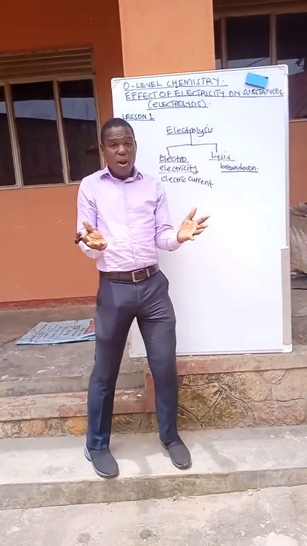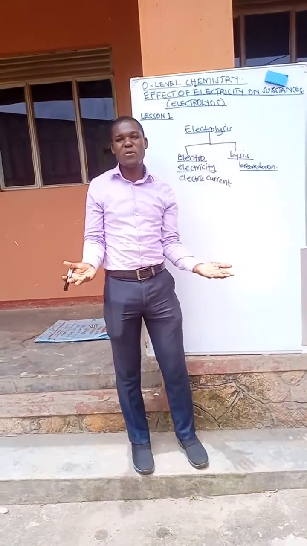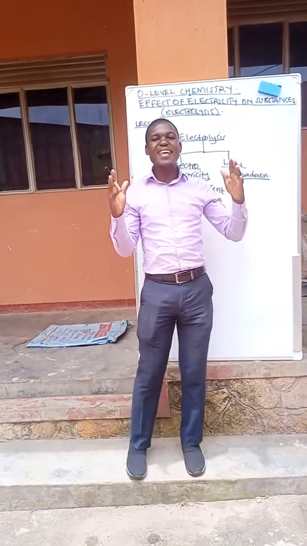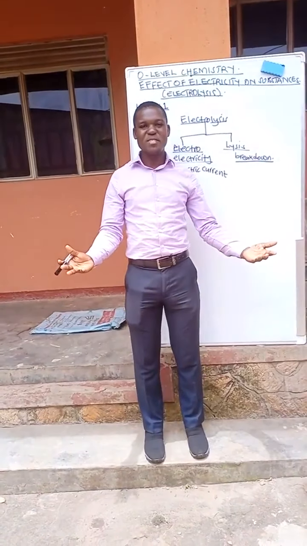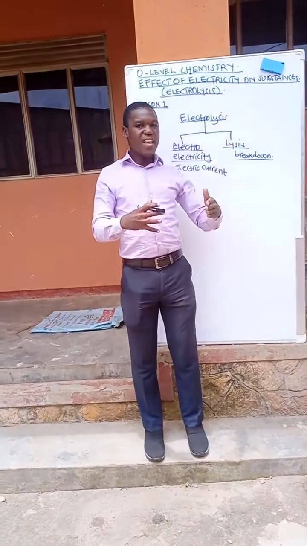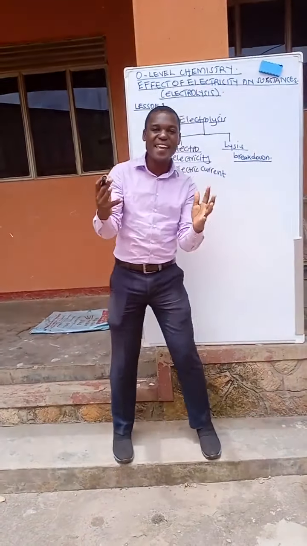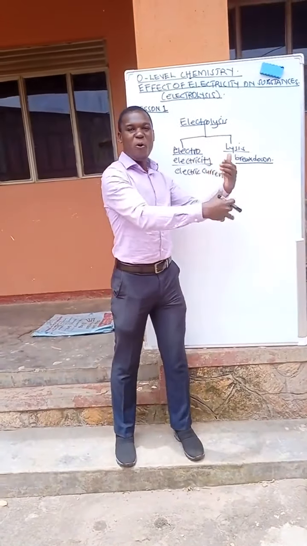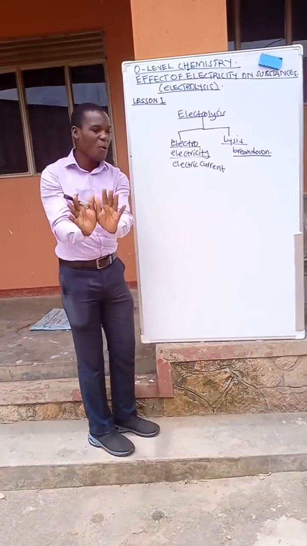You very well know from the topic of atomic structure, chemical bonding, and the periodic table that ionic compounds are usually solids at room temperature. When they dissolve in water, they form aqueous solutions, and when they are heated, they form molten compounds. We shall be understanding all that.